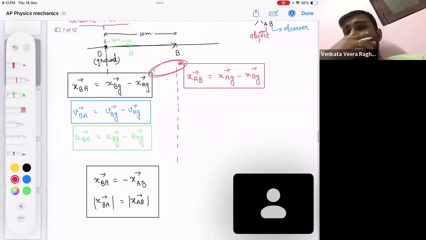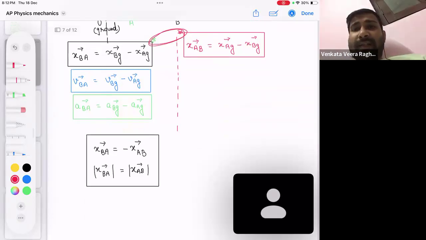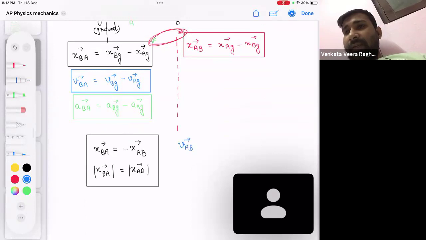Do we need to write the same thing for the velocity part and the acceleration part also? Can I do the same thing? Velocity of A with respect to B will be nothing but minus of velocity of B with respect to A. So if I know one of them, the other one can be 100% calculated automatically.